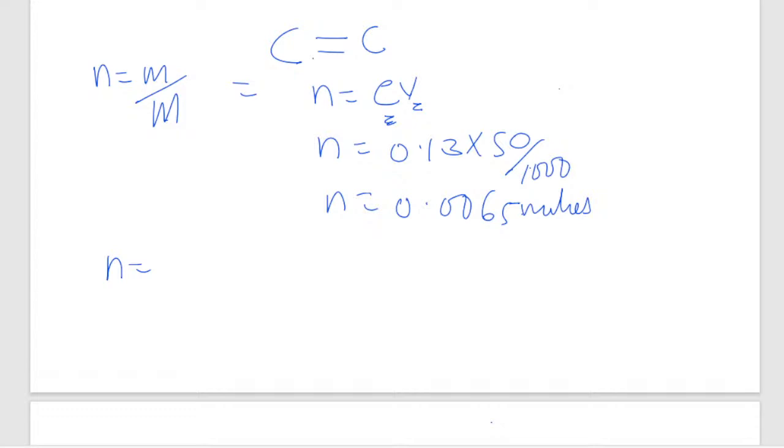Alright, we're saying that now we know the number of moles. So number of moles in this case is going to be 0.0065, equal to the mass, which we don't know, over the molar mass.